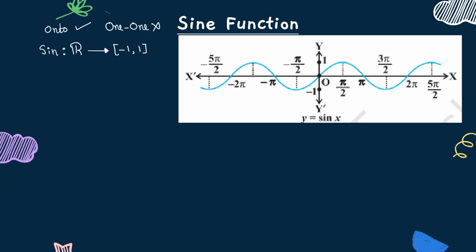But to create the inverse of this kind of periodic function, what we do is restrict our domain in such a way that our function becomes 1-1. How can we restrict the domain? We need to think about only that part as a domain in which the sine will not repeat its value.